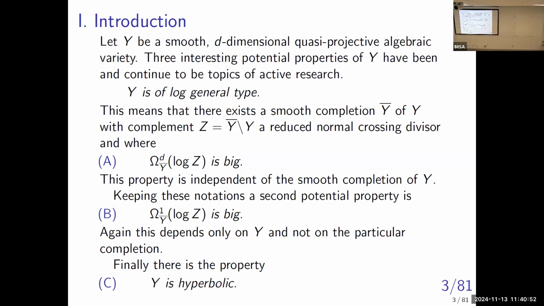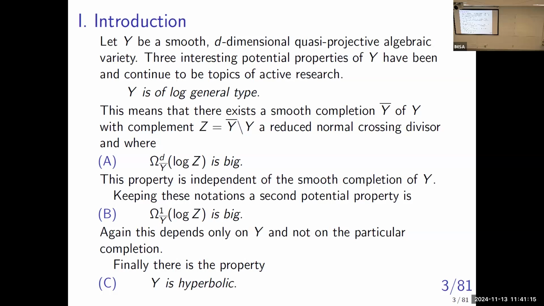A second potential property that's of interest is that the bundle of one forms with logarithmic poles is big. So that's now a vector bundle. This is a line bundle. This is a vector bundle. And again, to say that it's big means that the symmetric powers have lots of sections.